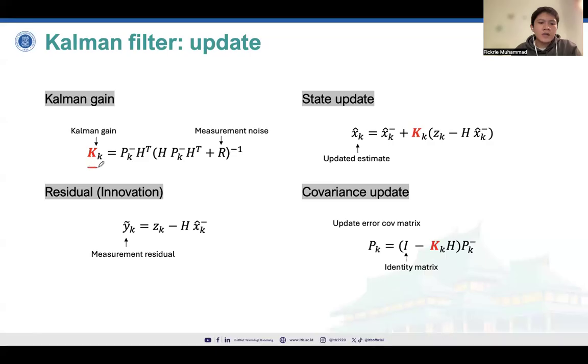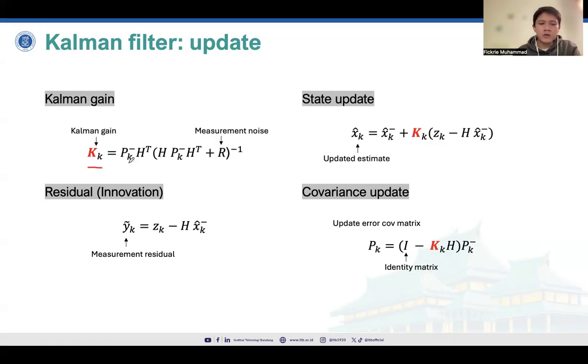So this is our Kalman gain, and it basically determines how much the current measurement should influence the updated state estimates compared to the prior predictions. So we already have the prior predictions, and we want to know how the measurement should influence the estimations.